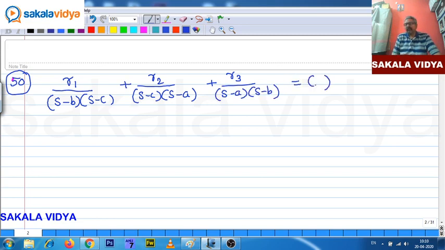First option 1 by r, second option 3 by r, third option 2 by r, fourth option 4 by r.